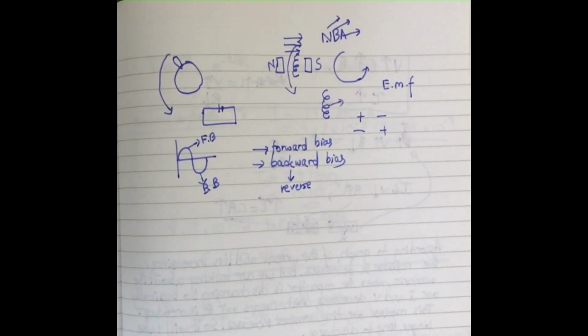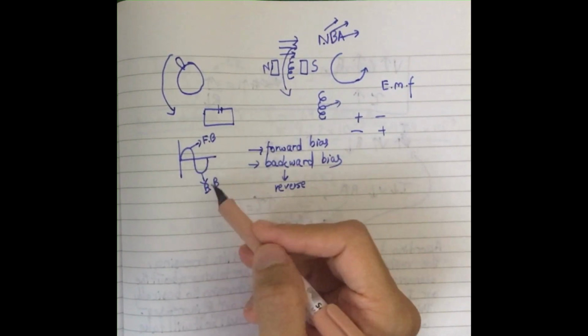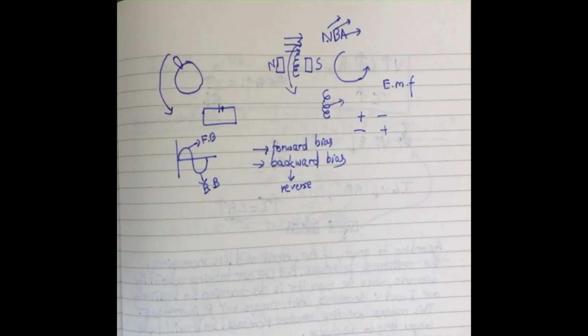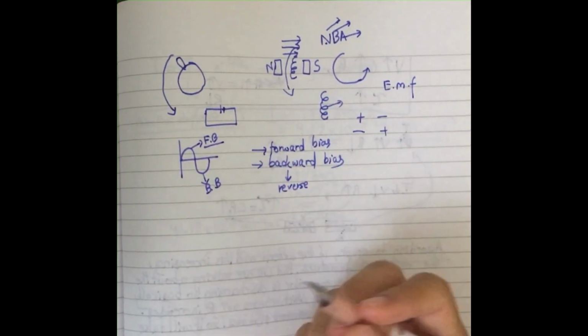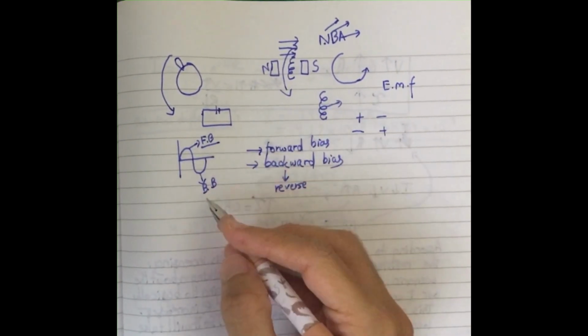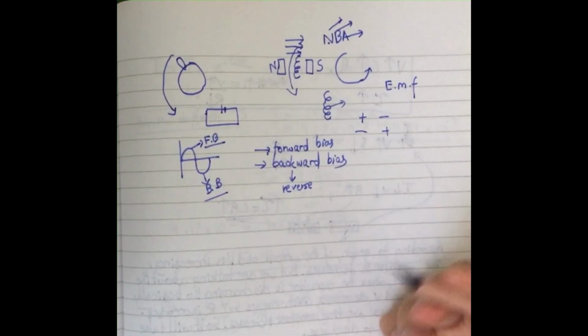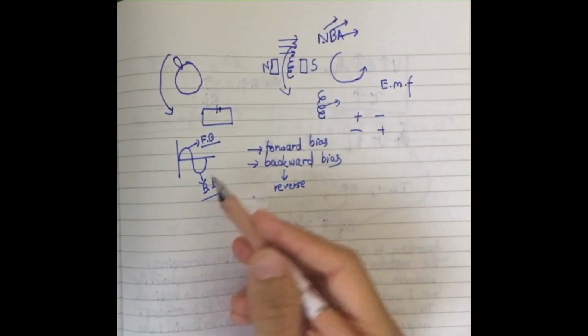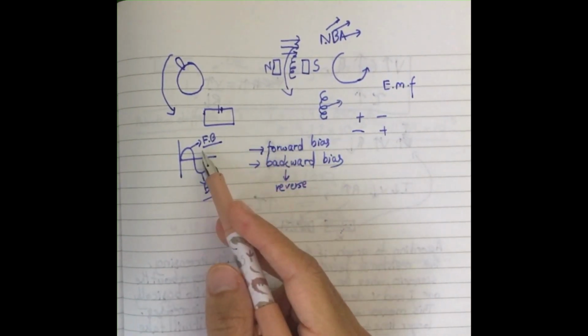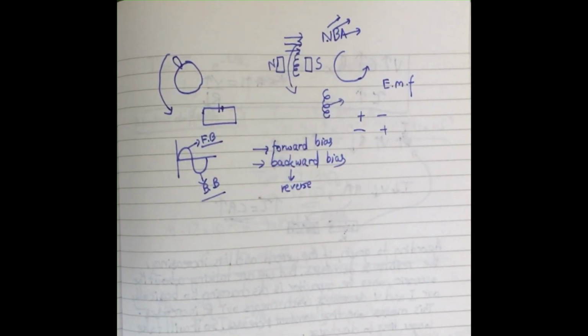Only in one of these places will the current flow. If the LED is forward biased, it only lights up in this region and will not shine in the reverse bias region. The same goes for the other side: if it's reverse biased, it won't light up in the forward bias region. You just have to remember that.